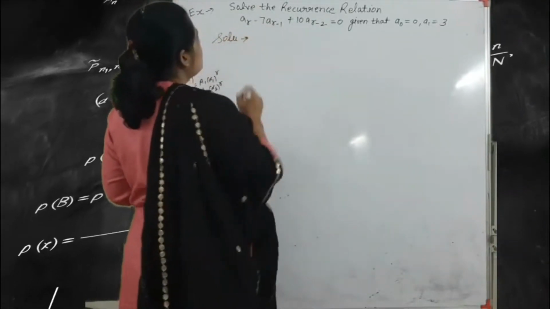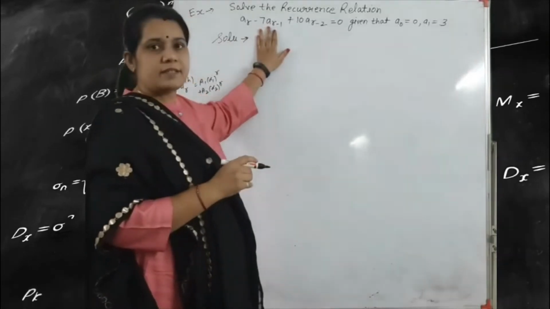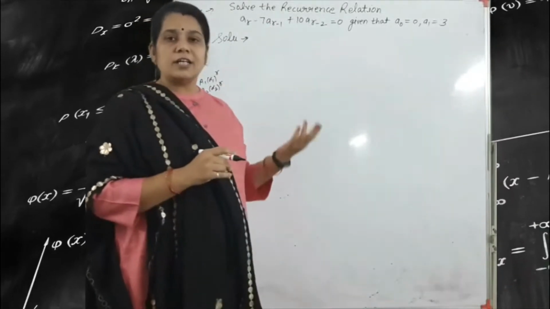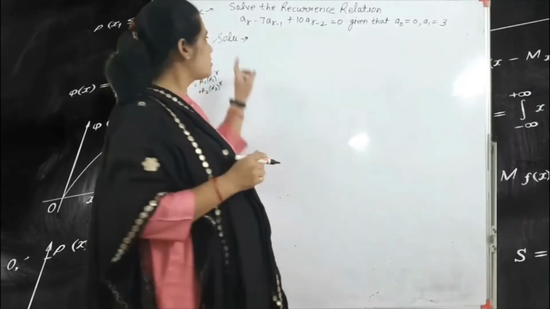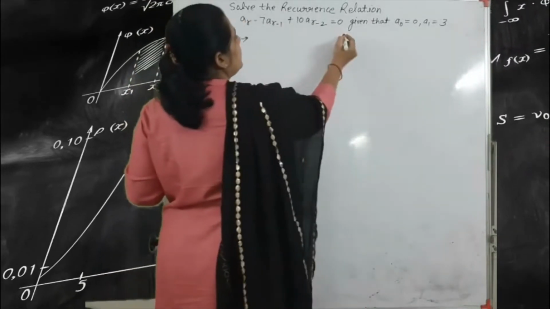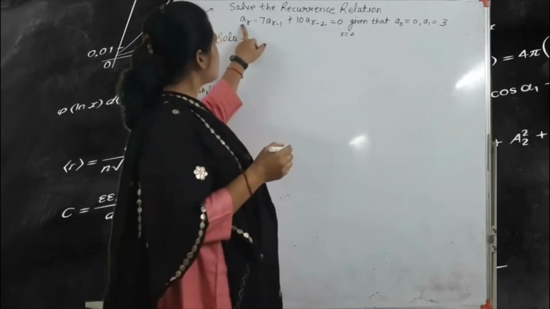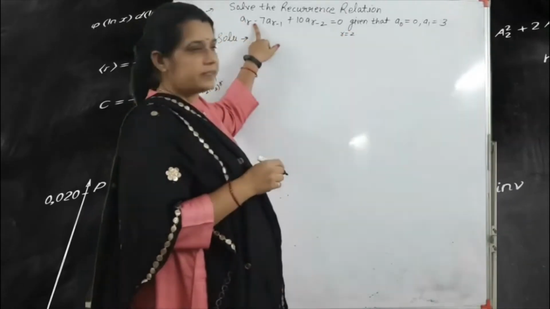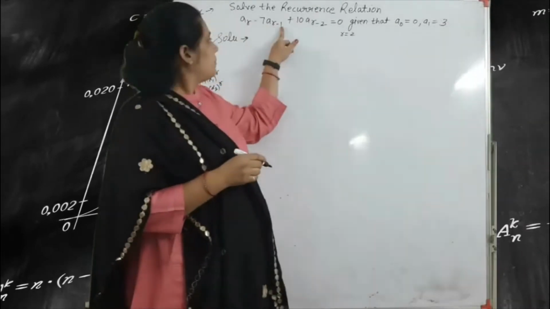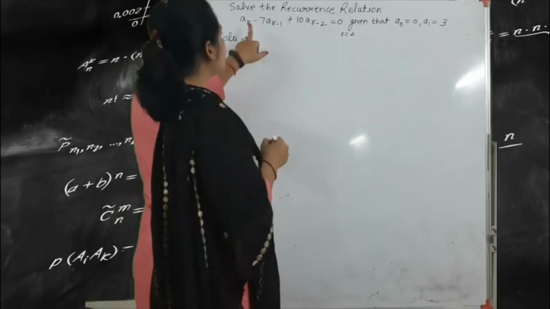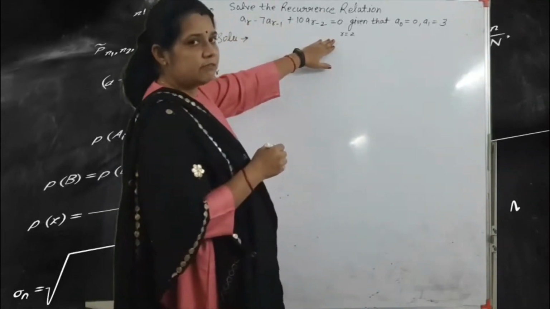First we consider the alpha term. If we put r = 2, for example, this equation is a_2 - 7a_1 + 10a_0.